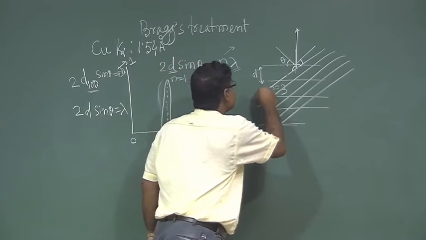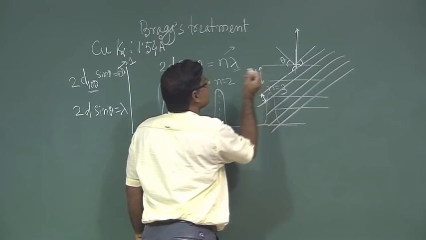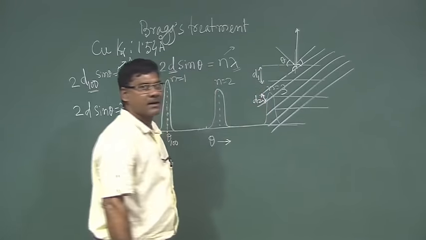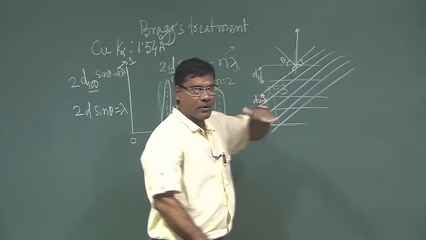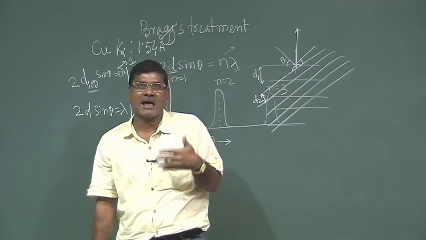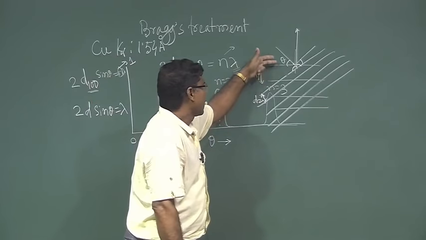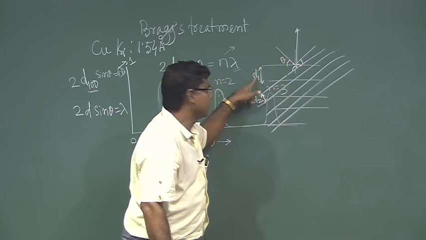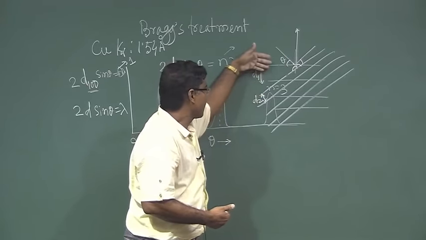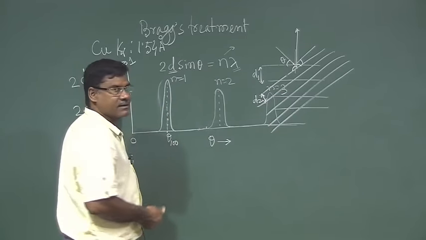Say this spacing is d1 and this spacing is d2, right. When I am changing the angle, the incident X-ray is changing angle with all planes. From these sets of planes with lattice spacing d1, I will get a peak at a particular angle when it satisfies this relation, right.